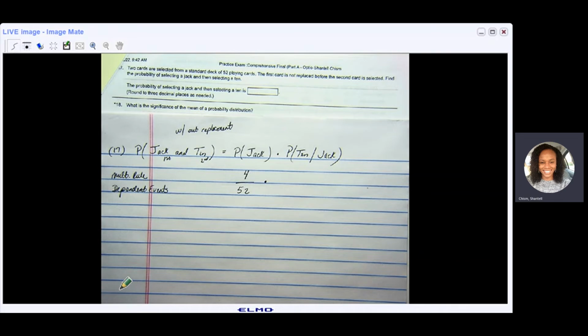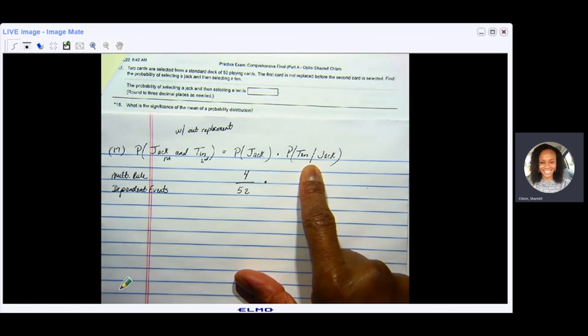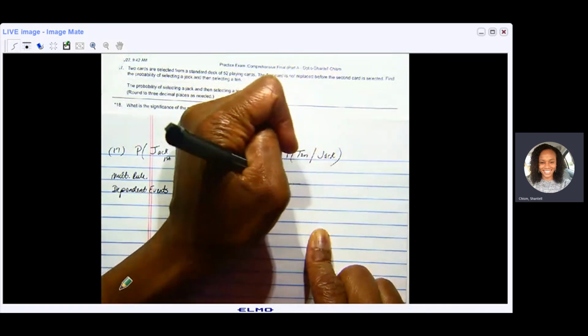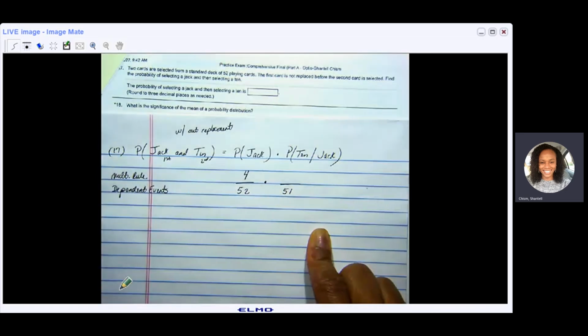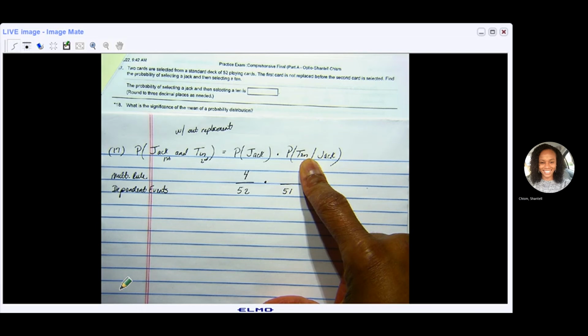Now, suppose that we wrote that probability down and then we actually ended up pulling a jack. Lo and behold, we pulled a jack, so the jack is no longer in the deck anymore. Now we get ready to find the probability of selecting a 10, given that we already pulled the jack out. The jack is gone, so we only have 51 cards now in our deck, and there are still 4 10s.